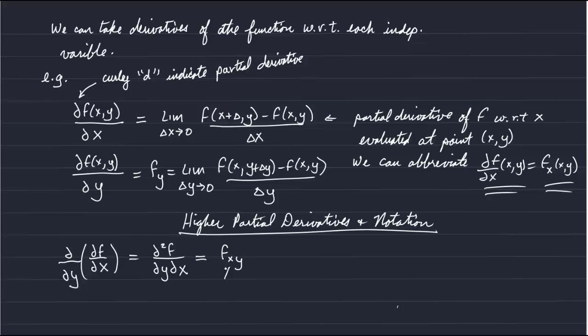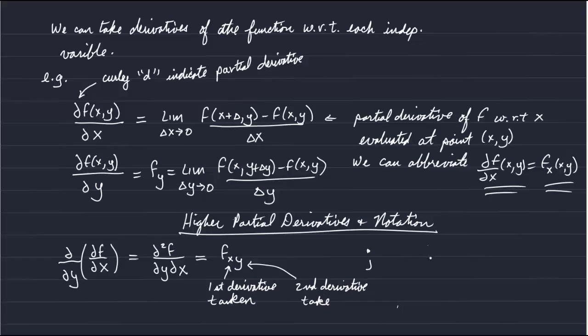The variable we write first is the first derivative we take, and the second variable is the second derivative taken. In other words, we take the derivative with respect to x, and then we take the derivative with respect to y.